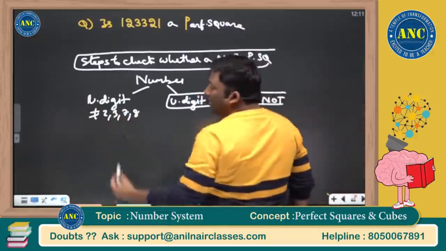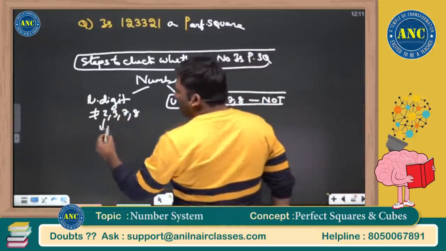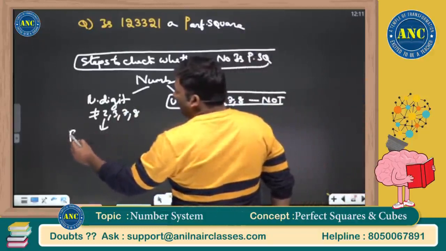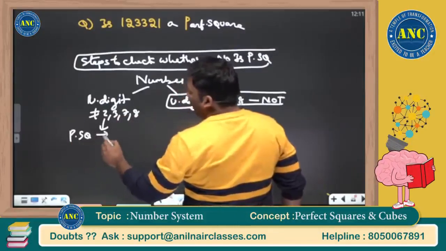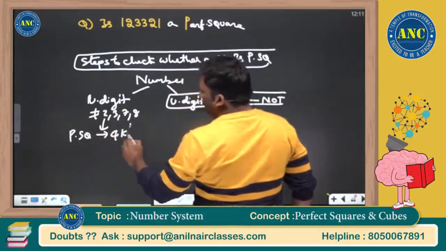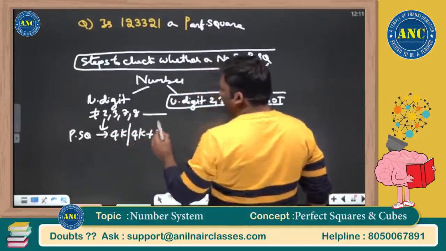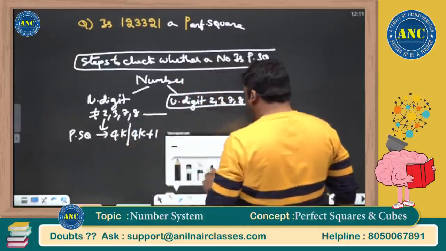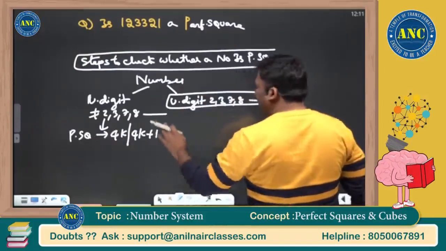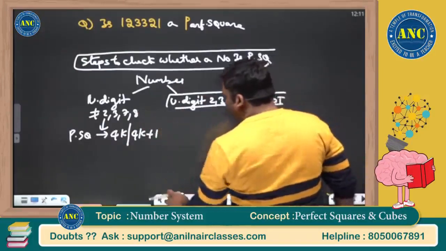If the unit digit is not 2, 3, 7 or 8, go to the next step. A perfect square should be of the form 4k or 4k plus 1. This is something which we discussed.